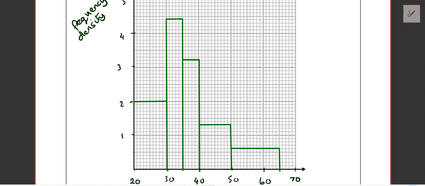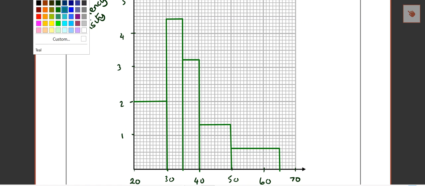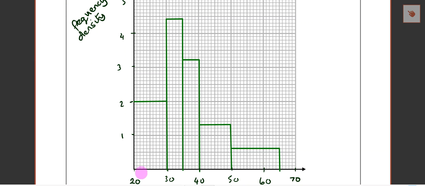So, for instance, this bar here, all right, this bar has a width of 10 and a frequency density of 2. But how would I know how many people or what's the frequency that was in there today? 10 times 2. So you're working out the area.